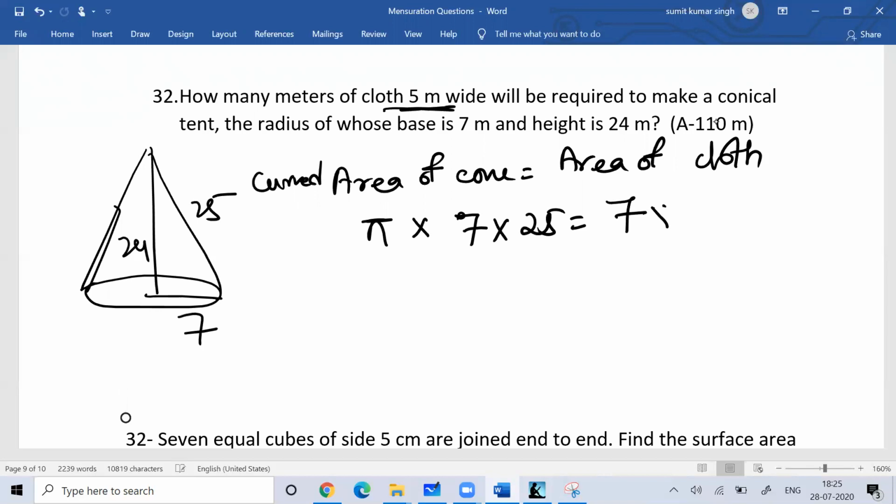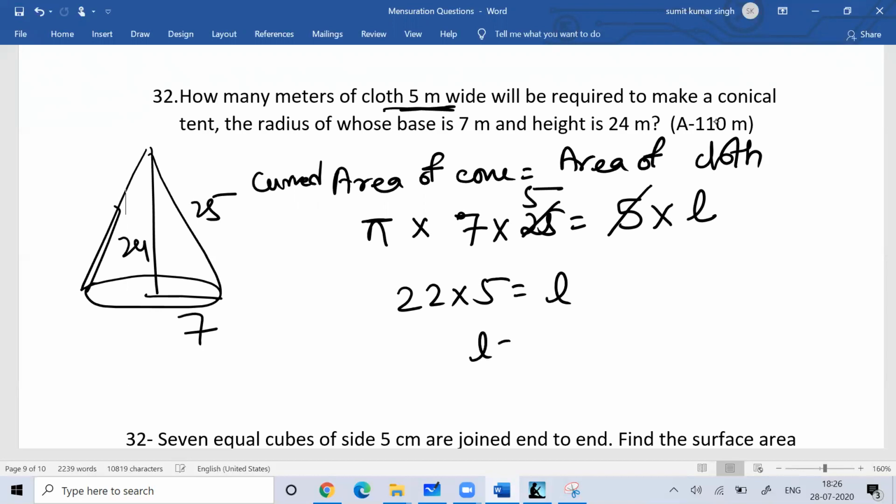The breadth of the cloth is 5, and you have to find the length. So 22 by 7 into 7 into 25 is equal to 5 into length. Length is equal to 110.